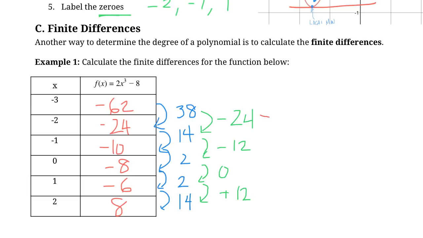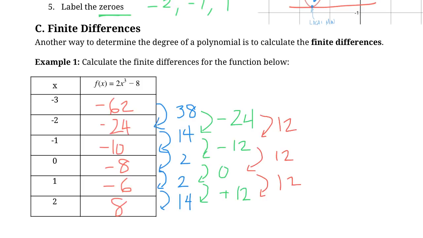Okay. Interesting. So we still don't have a pattern, but you can maybe identify what the pattern is going to be. If we do the third differences, going from -24 to -12, we've increased by 12. Then here we're also going to increase by 12. And then here we're also increasing by 12. So what do you notice?